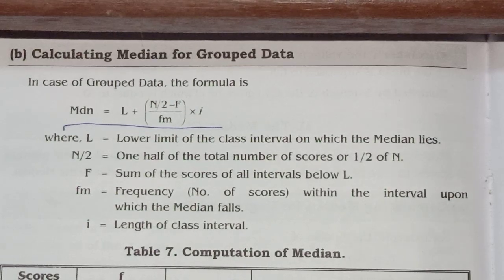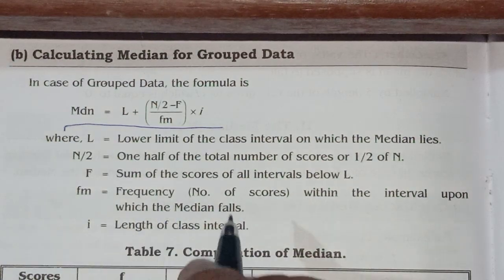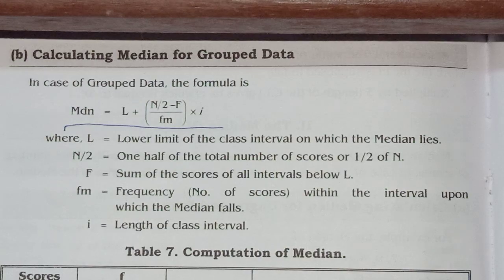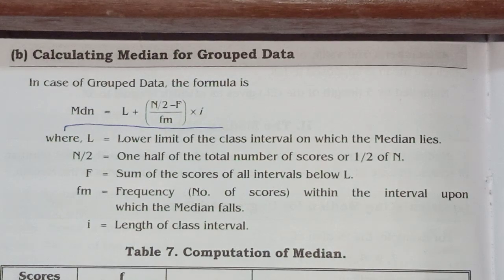For the median of data which is in the form of class intervals, this is the formula: L plus (N by 2 minus F) by fm into i. What is L? The lower limit of the median class interval. What is N? N is the sum total of frequencies. What is F?